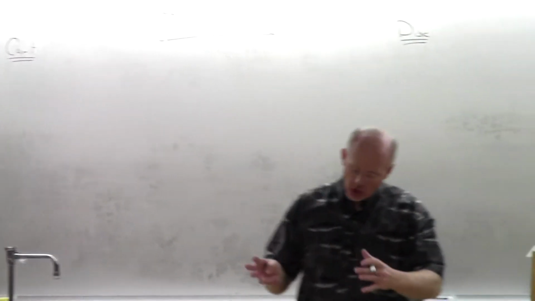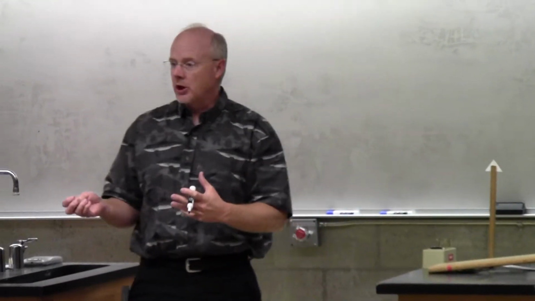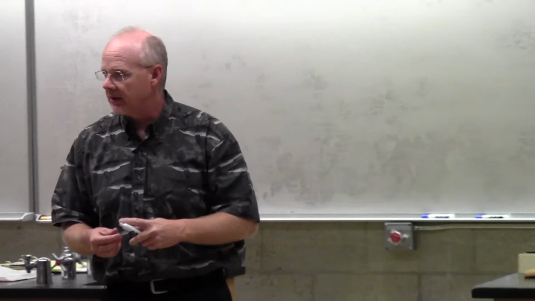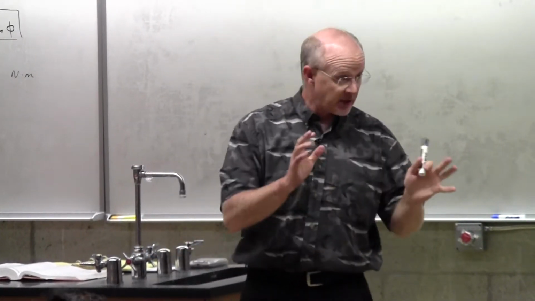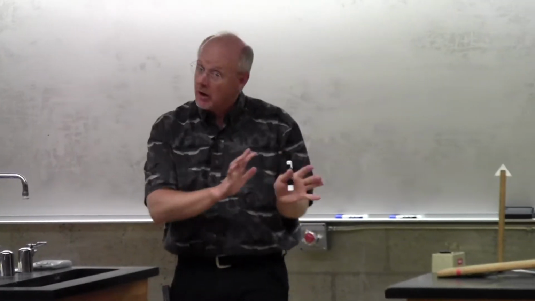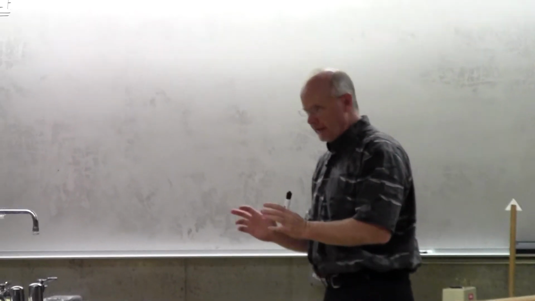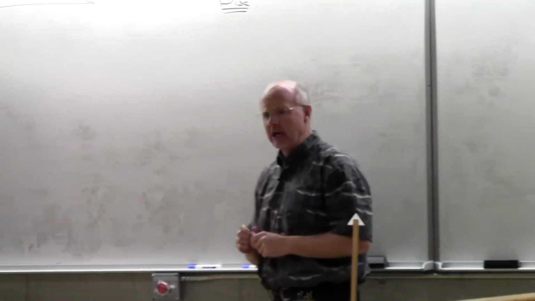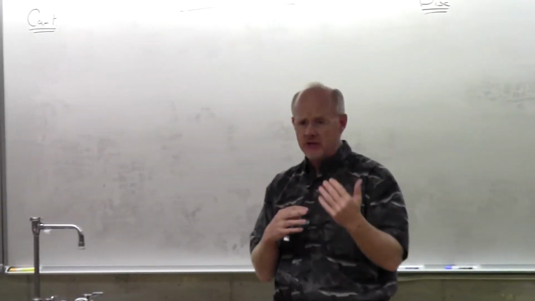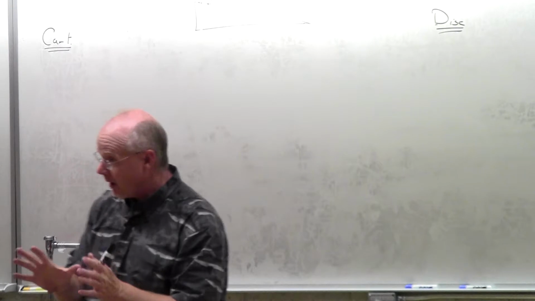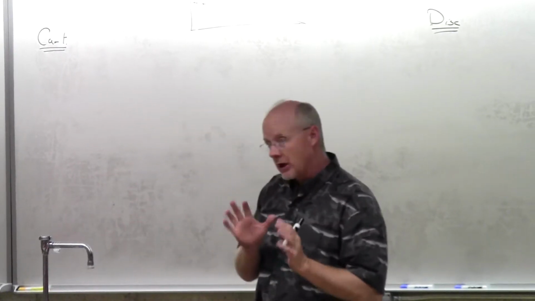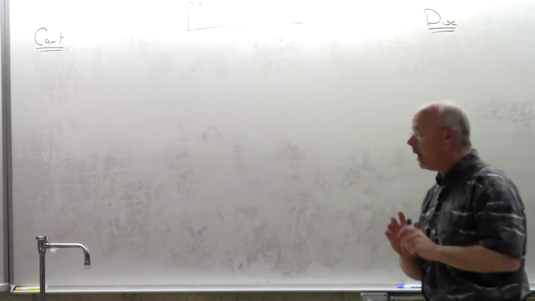Well, the first thing to do is go back to, we're going to use energy, we're going to use forces to calculate this. Yeah, probably your best bet here is energy, so let's use the principle of conservation of energy. That's how we were doing it before. Even though we have things rotating, same logic. If your question is about speed and you know distance, which in this case we do, it's a height issue, focus on energy. Okay, so I'm going to attack this problem with conservation of energy, not Newton's second law.